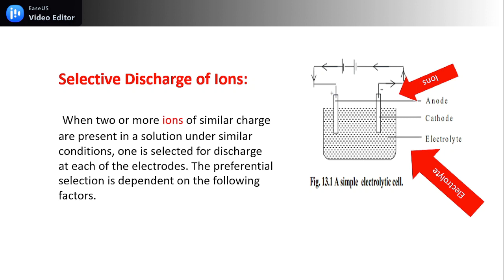When two or more ions of similar charge are present in a solution under similar conditions, one is selected for discharge at each of the electrodes. The preferential selection is dependent on the following factors. So now, let's give an explanation of that.